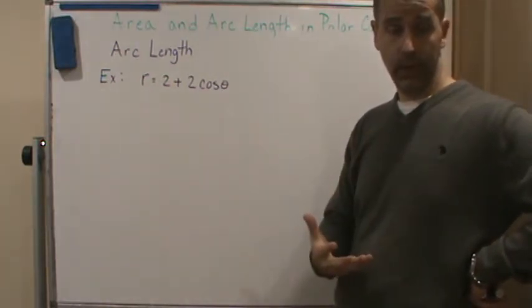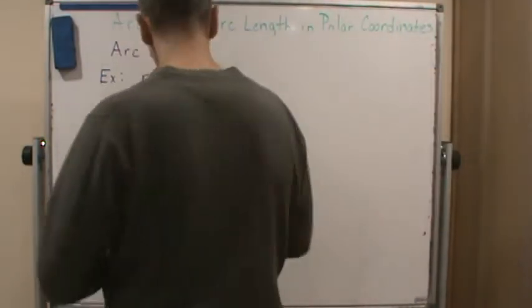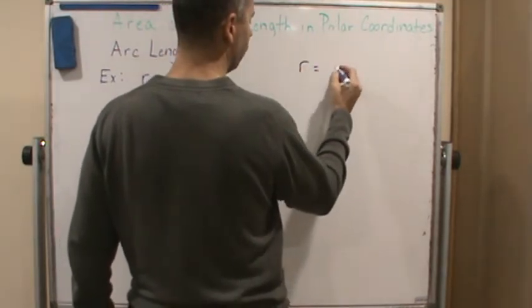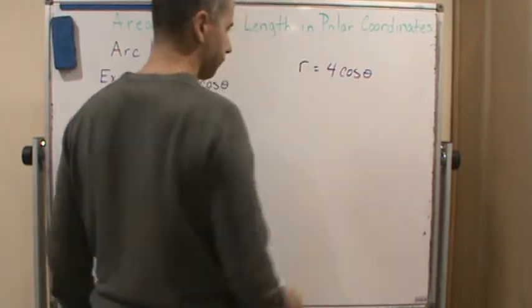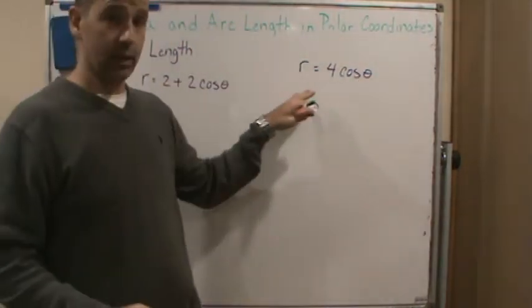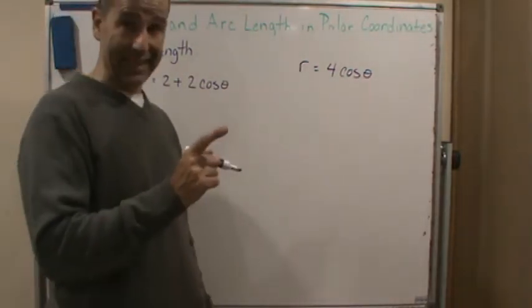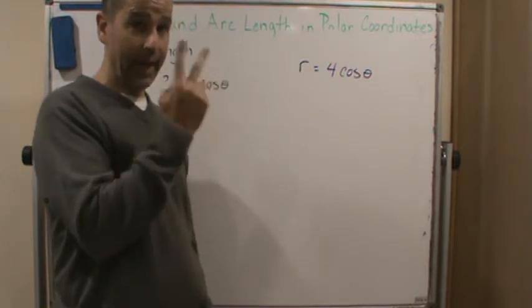Now, in some cases, for example a circle, if I have r equals 4 cosine theta, and I go 0 to 2 pi, I'm going to end up tracing this circle twice. I don't want to do that.